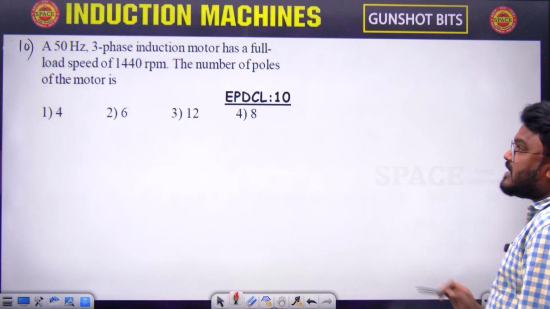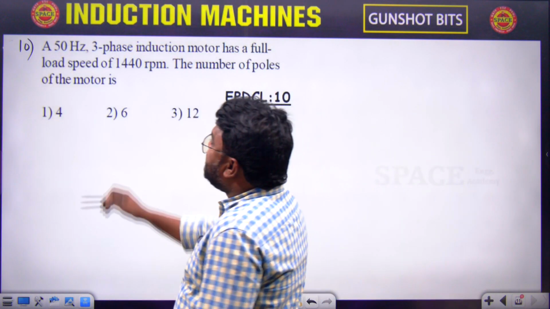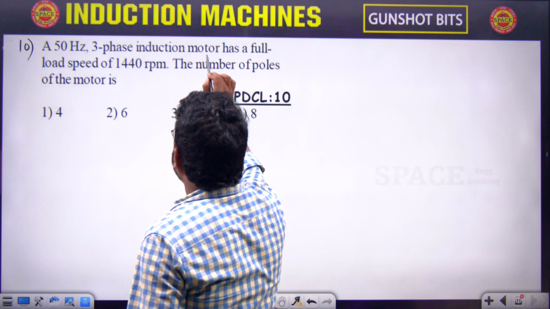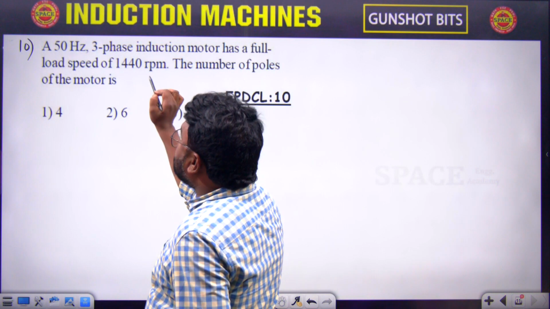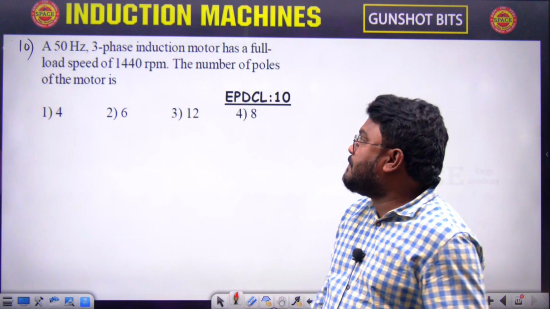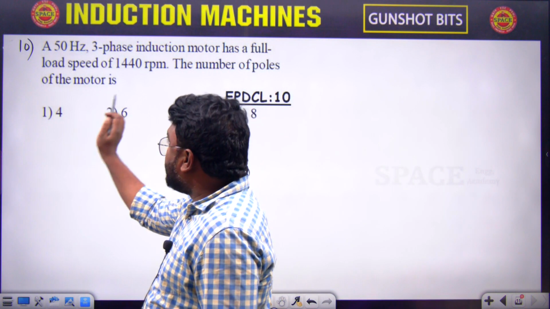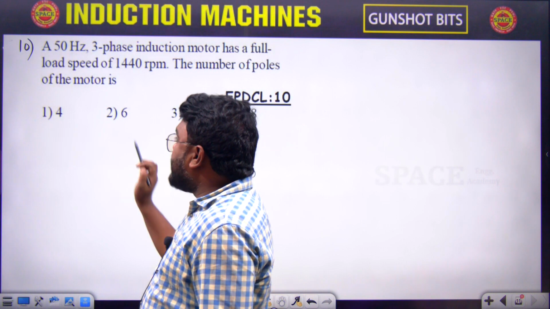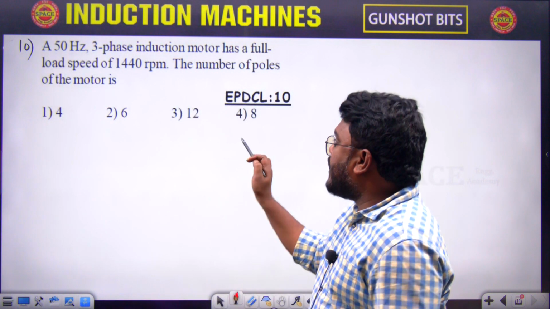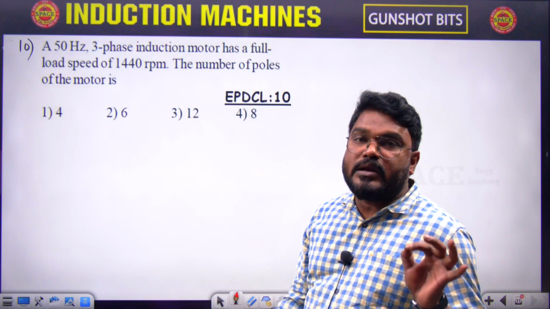Okay, and next let us solve question number 10. A 50 Hz, 3-phase induction motor has a full load speed of 1440 rpm. The number of poles of the motor is: option 1, 4; option 2, 6; option 3, 12; and option 4, 8.